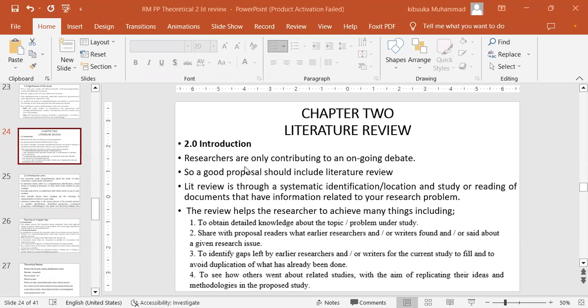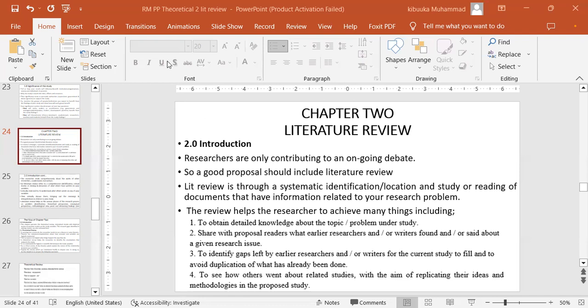The first point we note is that as a researcher, you are only contributing to an ongoing debate in the field of your topic. That is why you should have literature review. Literature review is therefore helping you to listen or to hear from the views of other debaters, other contributors to your topic.